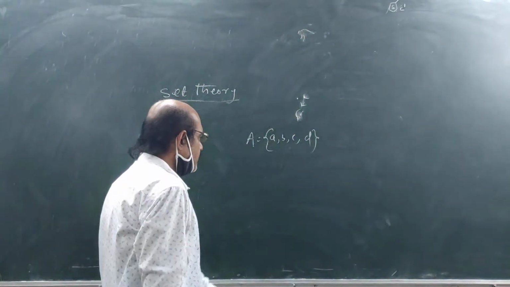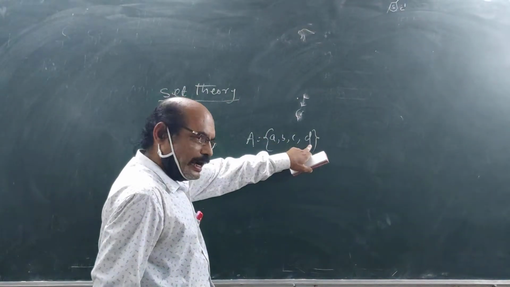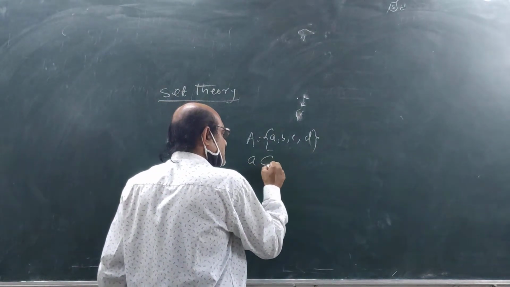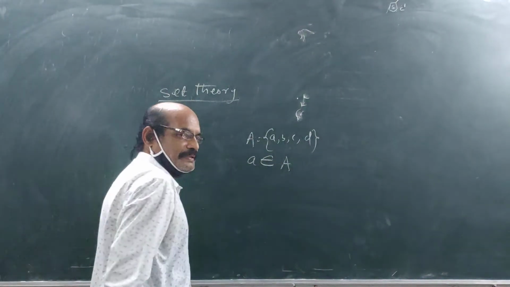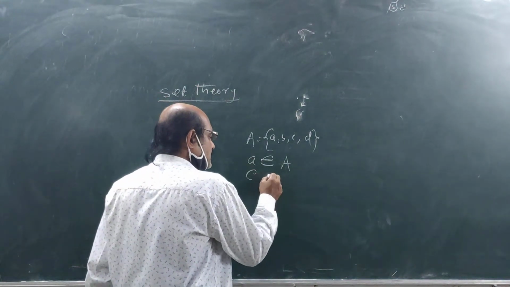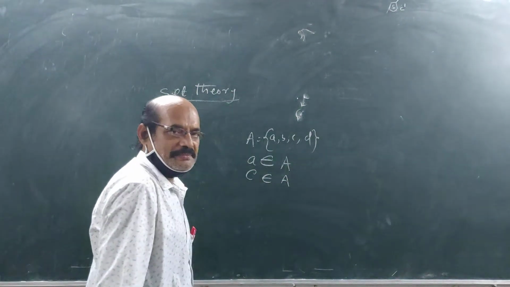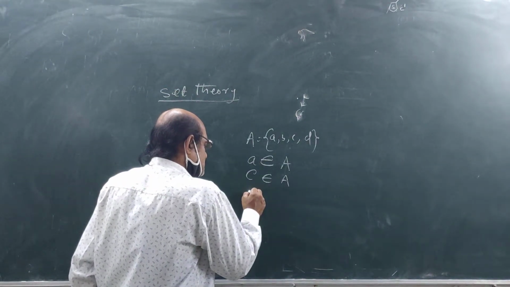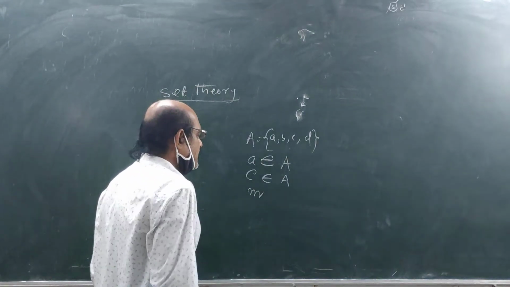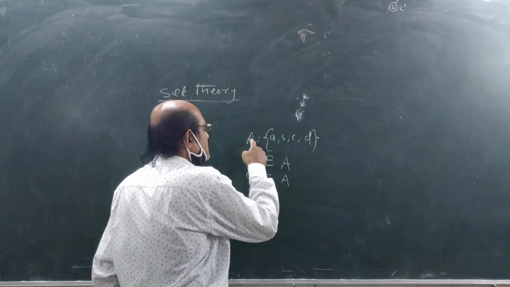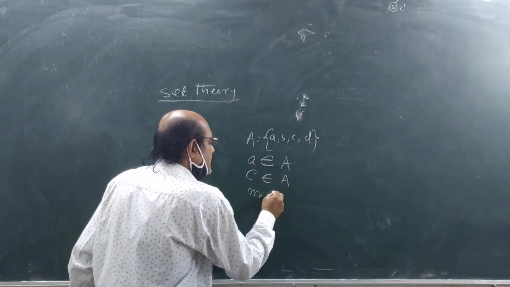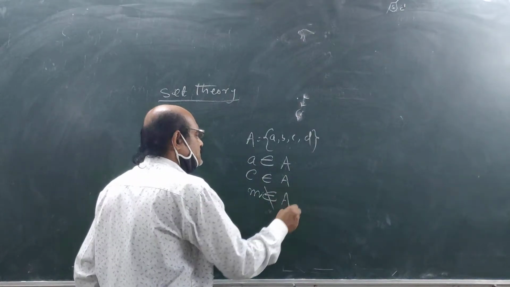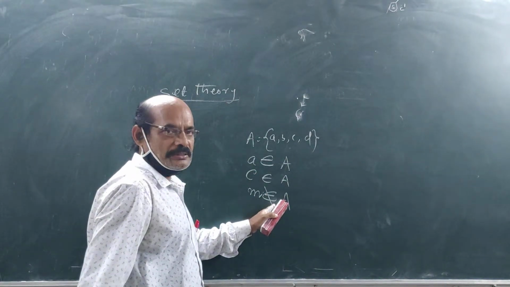Now a, b, c, d are elements of the set A. So I can write a is an element of A. Similarly, c is an element of A. But I will take another element, say m. m does not belong to this set {a, b, c, d}. There is no m element. So m does not belong to, or is not an element of, A. This is all about element and not element.